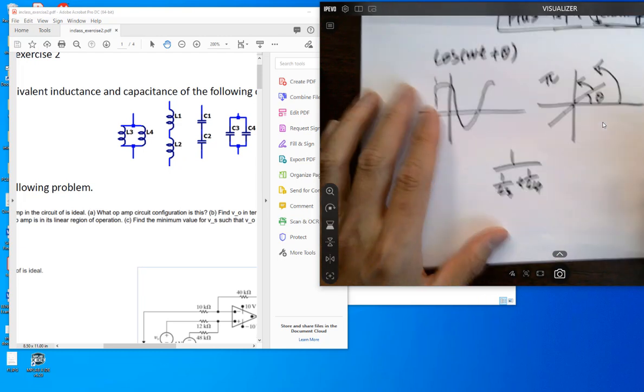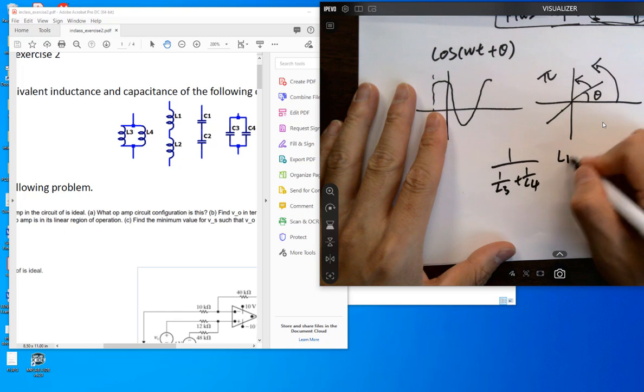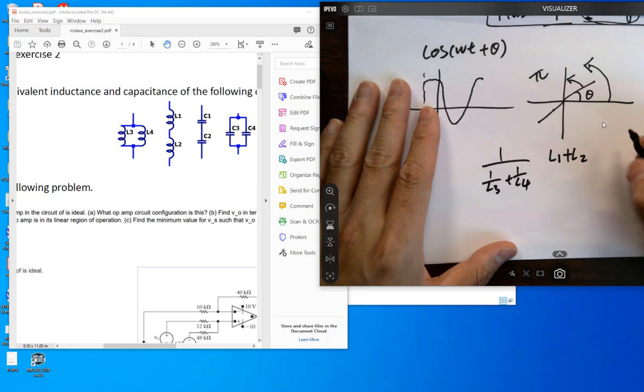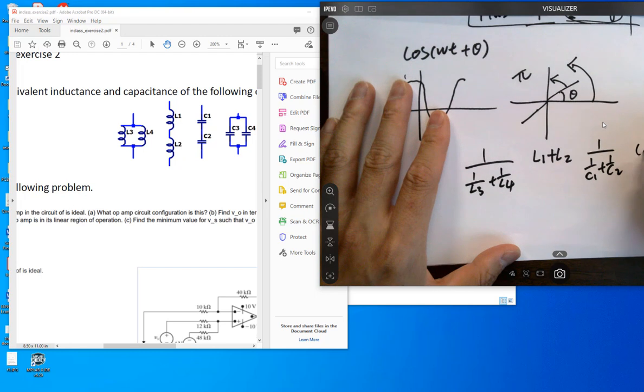Yes. For the second one, L1 plus L2. For the third one, 1 over 1 over C1 plus 1 over C2. For the last one, C3 plus C4.